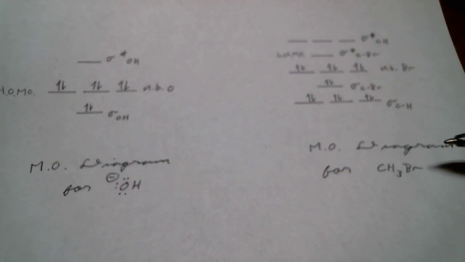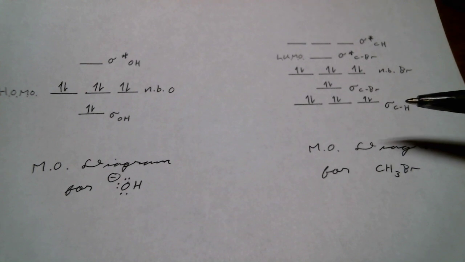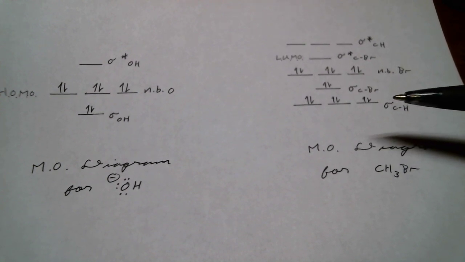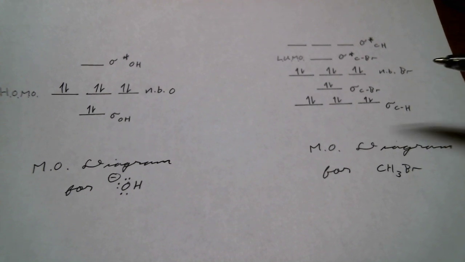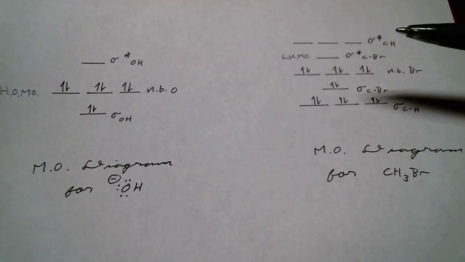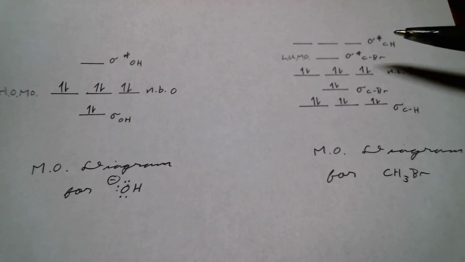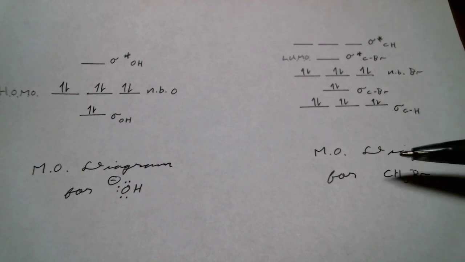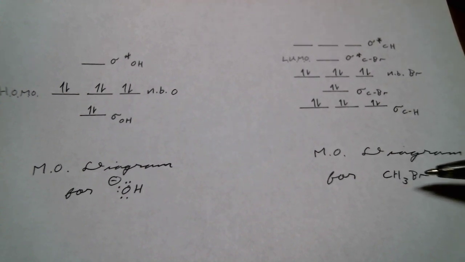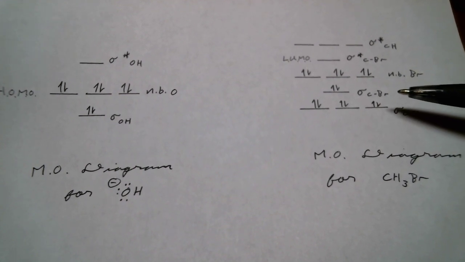How about the molecular orbital diagram for methyl bromide? Well, we have 3 carbon-hydrogen bonds, so that means we have 3 sigma CH molecular orbitals, and if we have 3 sigma CH molecular orbitals, we must have 3 sigma star antibonding carbon-hydrogen molecular orbitals. We also have a carbon-bromine bond, so we must have a sigma CBr molecular orbital.